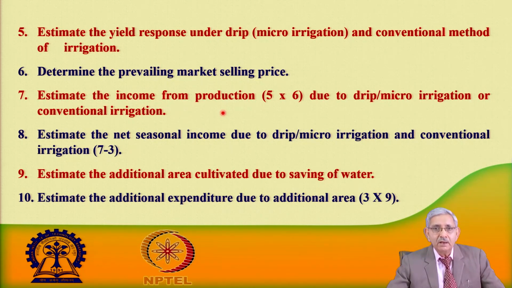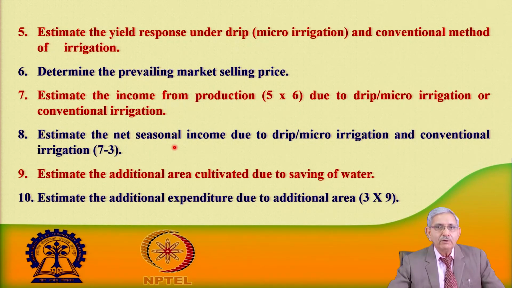Only thing here, one can see the quality of produce, which can also aid, because in the produce under the drip system we are giving the appropriate quantity of water and we are giving fertilizers. So, that way the quality of produce is better and then the selling price will be different, but for comparison purposes we are taking the same selling price here.